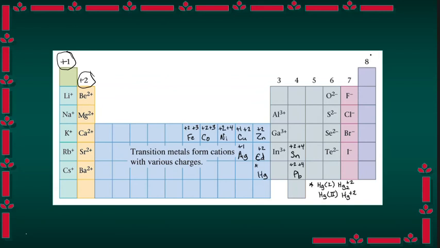The top of the 8th column, put a 0. Why? They don't react. The top of the 7th column, put a -1.